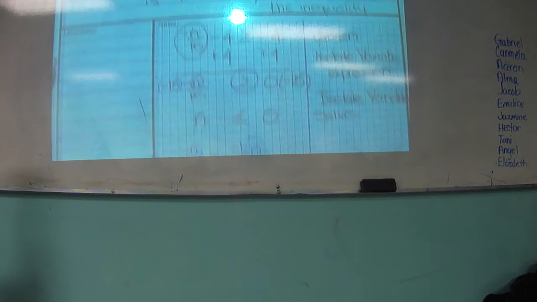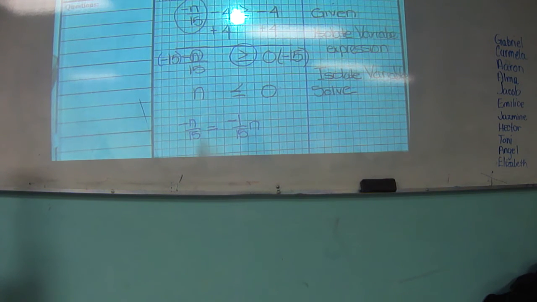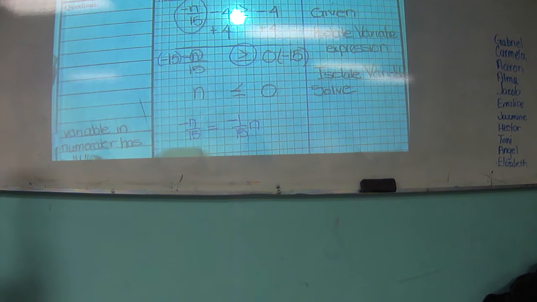Next to where we talked about negative n over 15 being the same as negative 1/15 n, we could talk about how the variable in the numerator has a 1 in front of it. We forget that, don't we?